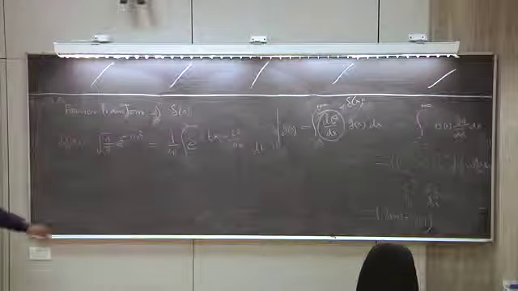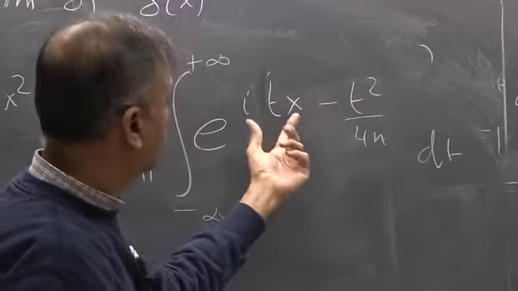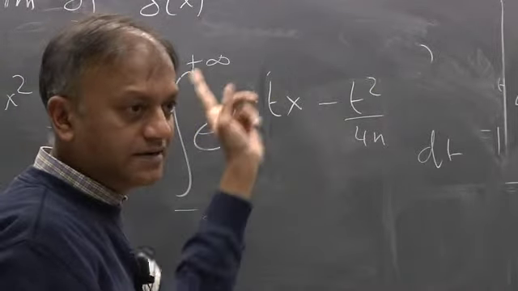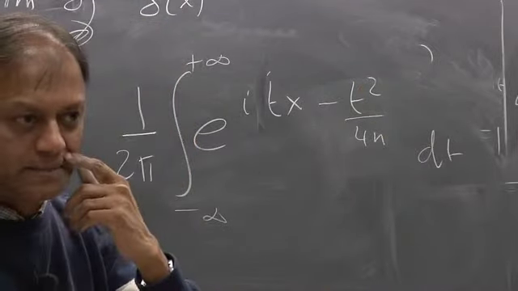You remember that you have a Gaussian part, but then there is also a phase, and that integral you can perform. This was in chapter 2, if you remember correctly.